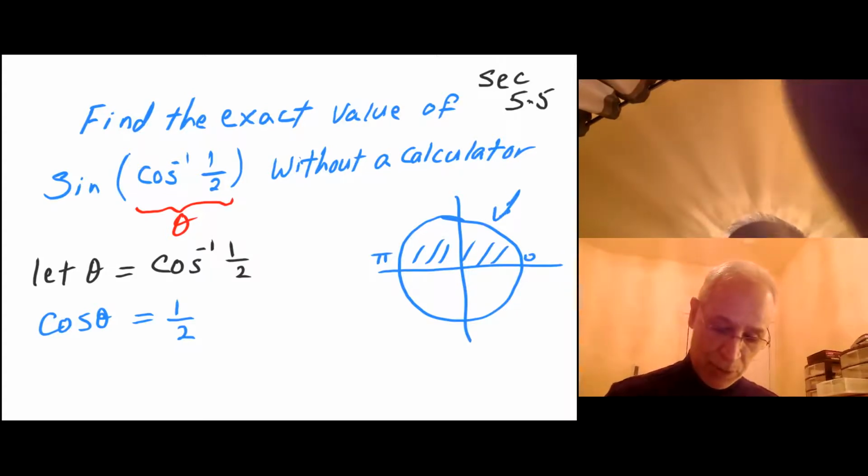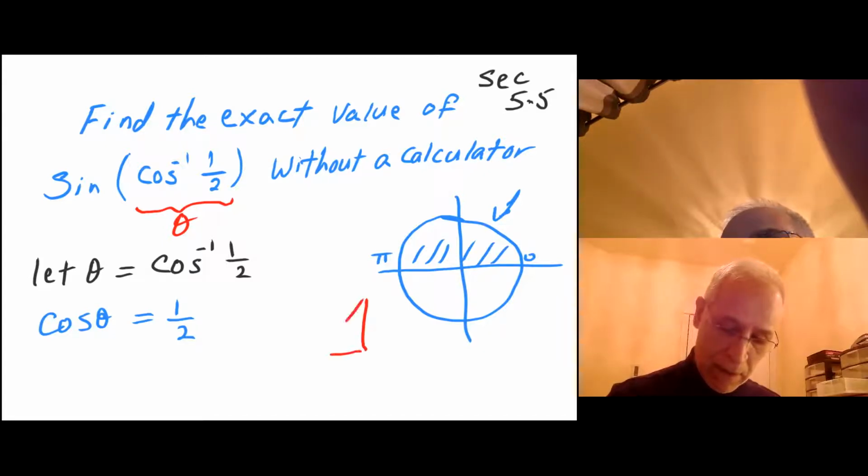So I'm going to go ahead and draw a triangle in quadrant 1, with this theta touching the origin.